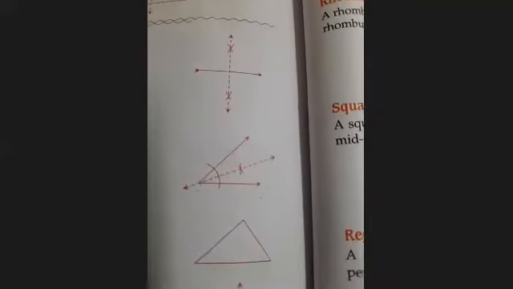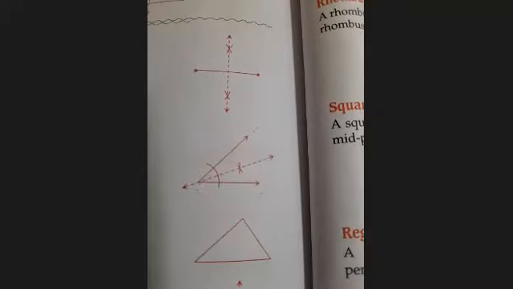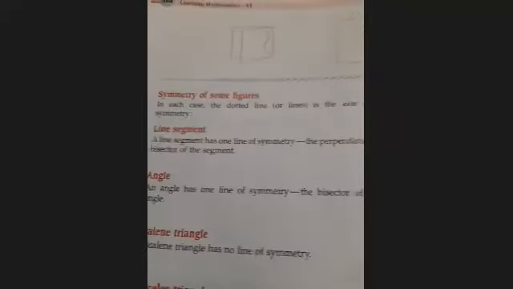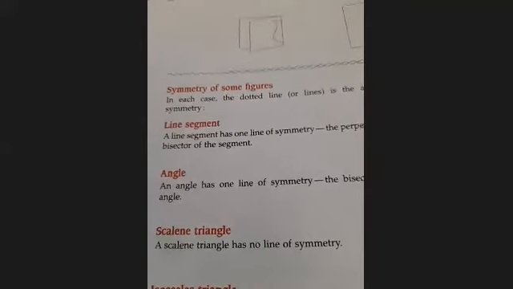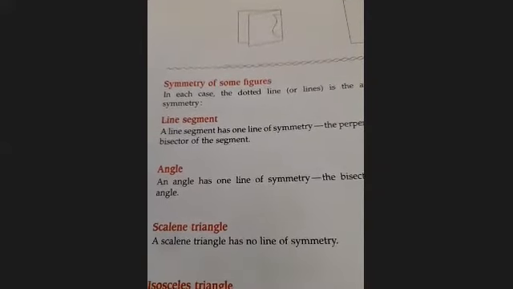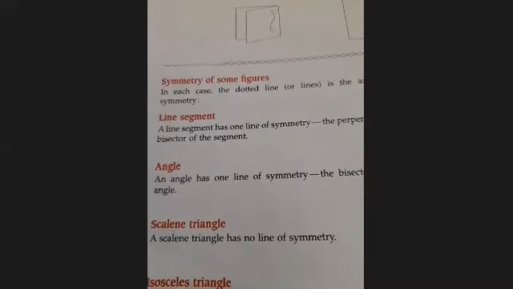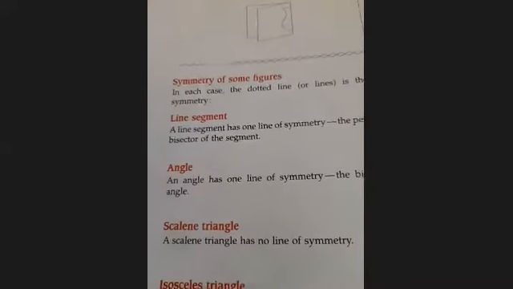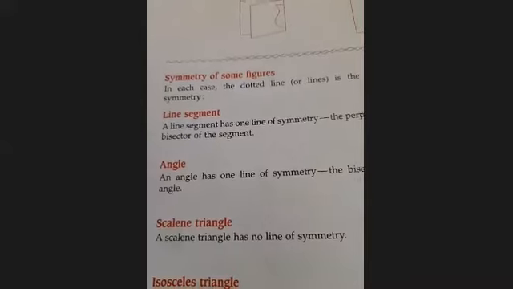This is a figure of a scalene triangle. Yes, friends, a scalene triangle has no line of symmetry. In other words, you can say a scalene triangle is not a symmetrical figure.